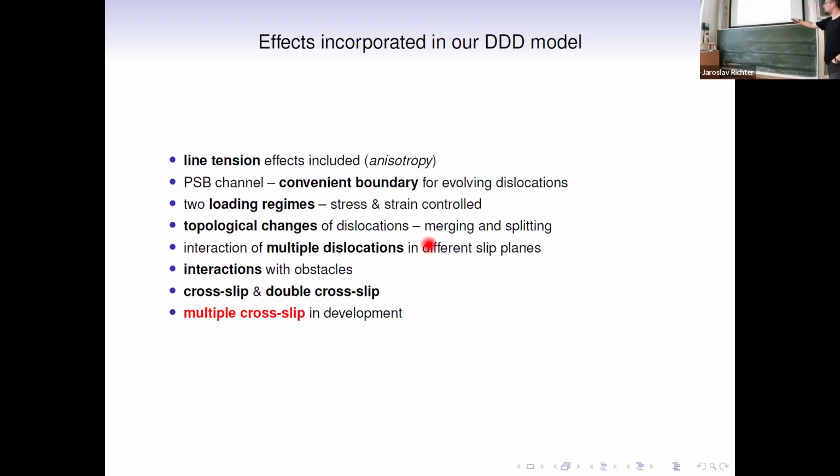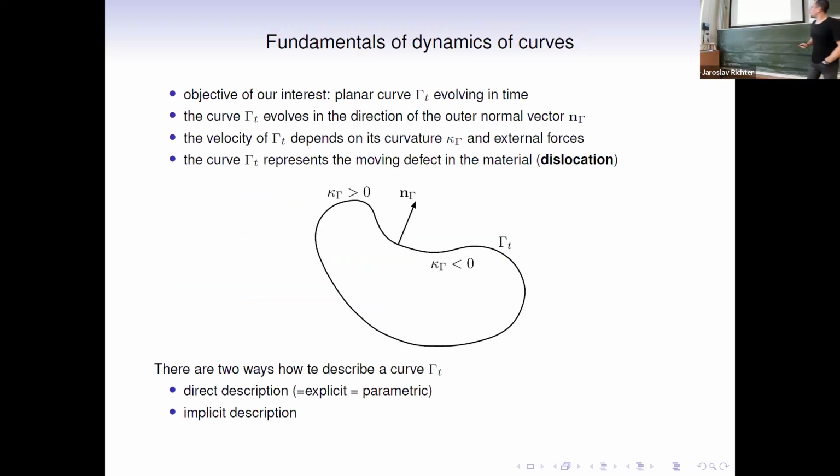Force interactions with multiple dislocations together in different slip planes. Interaction with external sources like obstacles, precipitates, particles, and so on. And finally, the effect of cross-slip, double cross-slip, and later multiple cross-slip, which, as I commented, is a kind of 3D motion. So you can consider this as a brief overview of what I'm going to talk about today.